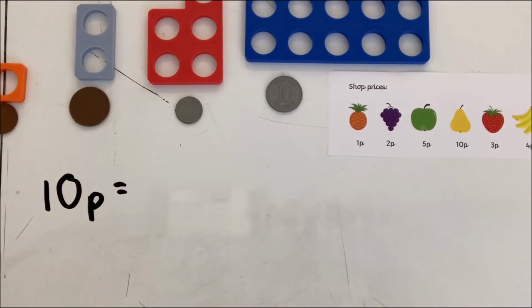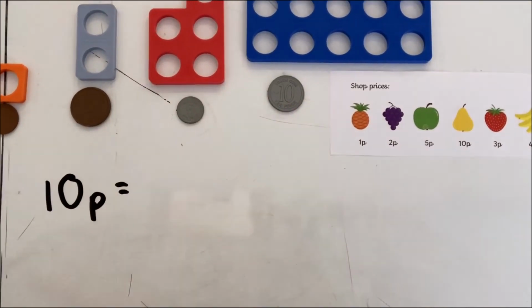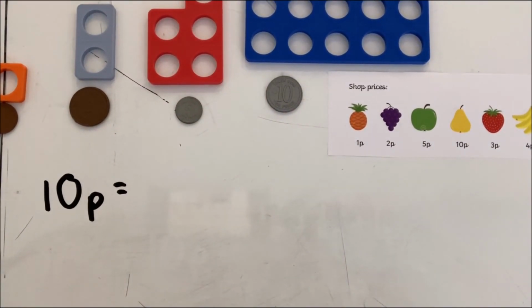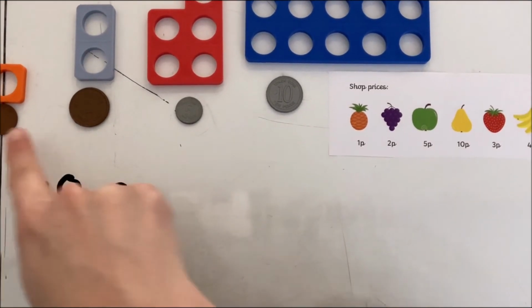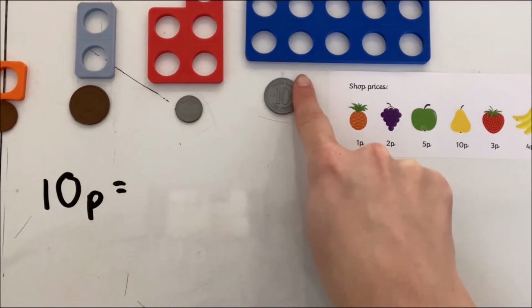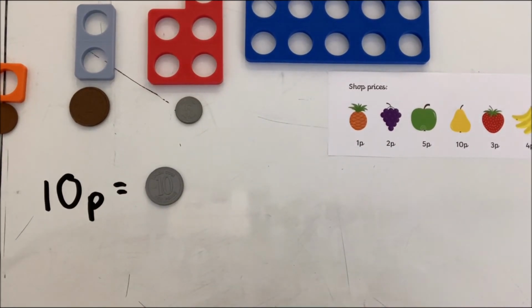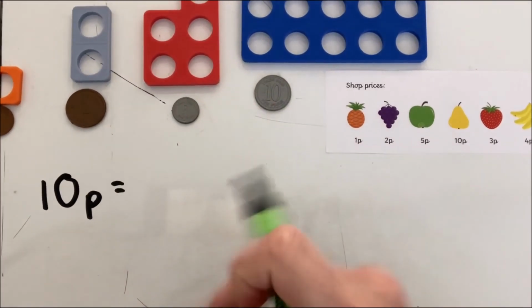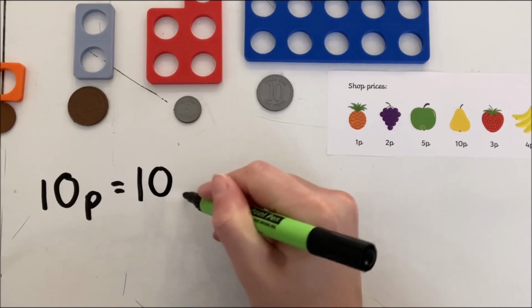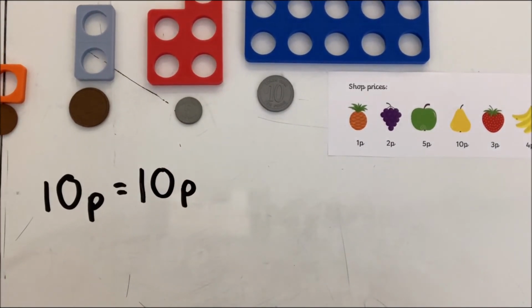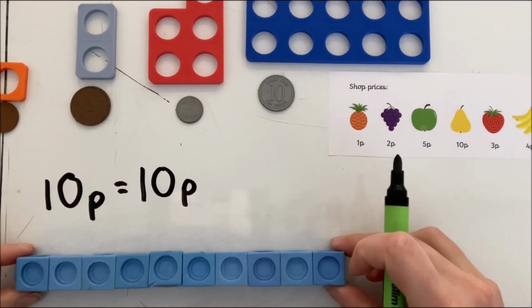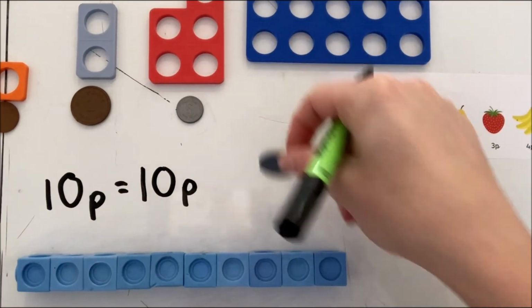Now I've got to think of different ways to make 10p using the coins I have. So the easiest way is to see if I have a 10p coin. Aha! That's the easiest way to make 10p. And here are 10 cubes. That's the same as 10p.